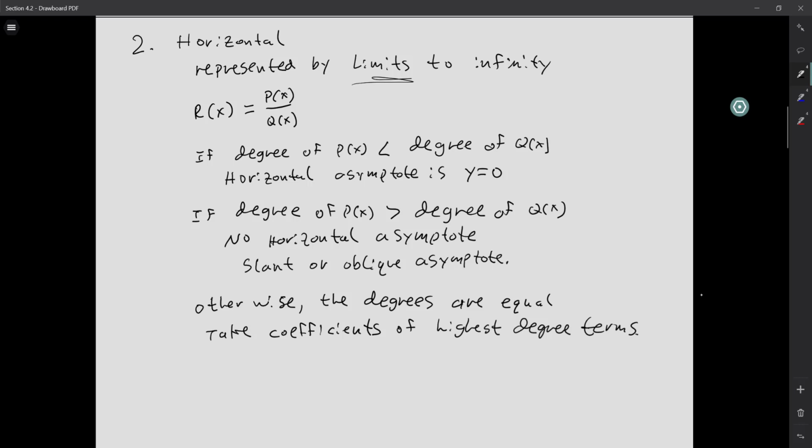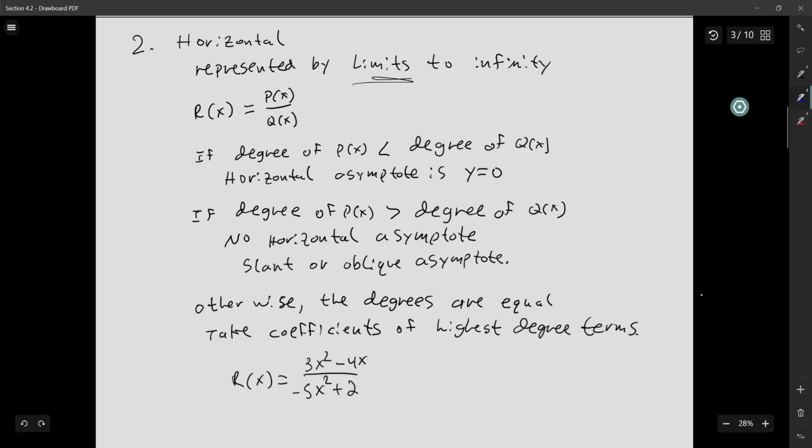And this one's best done with an example. So let's say I have r of x equal to, we'll say, 3x squared minus 4x divided by, let's make it a minus 5x squared plus 2. So I've got a degree 2 polynomial on top and a degree 2 polynomial on the bottom.